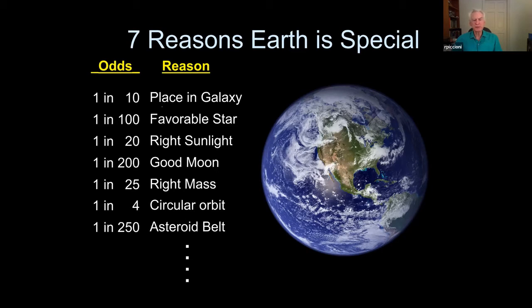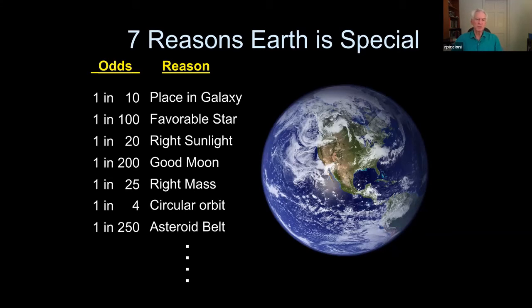And these are the 7 characteristics out of the 14 that we know enough about other planets to be able to put numbers on how likely it is that some other planet would meet the same conditions as the Earth in these categories. The 7 other conditions, like the planet having the right magnetic field and the right atmosphere and plate tectonics and so forth, we don't know enough about exoplanets to put numbers on.